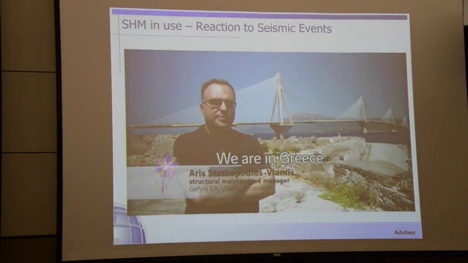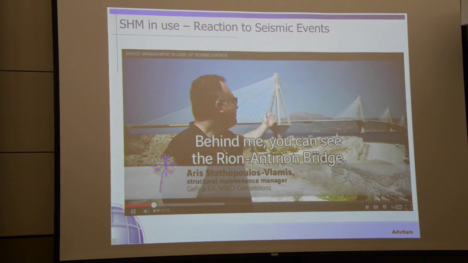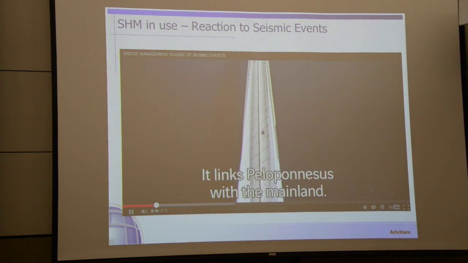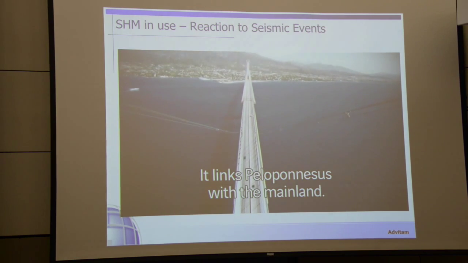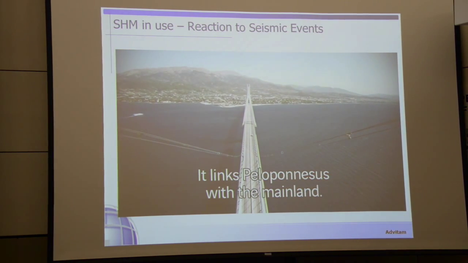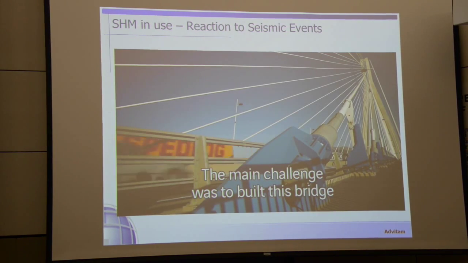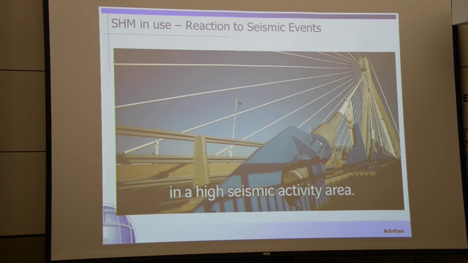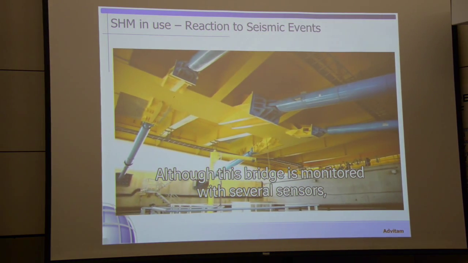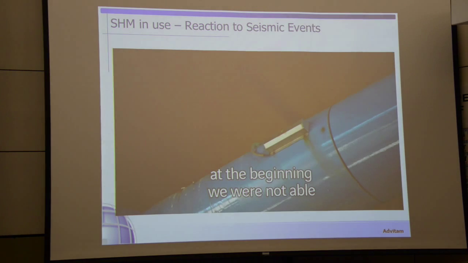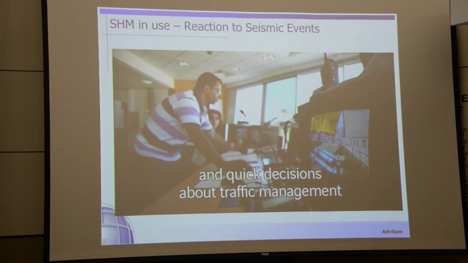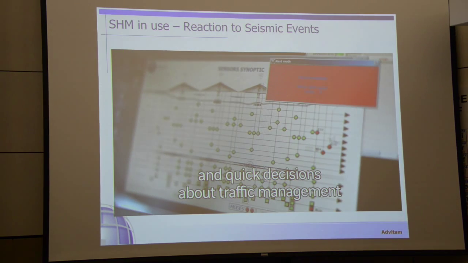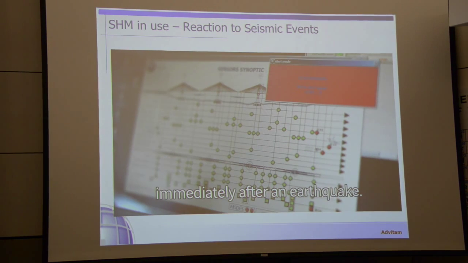We are in Greece. Behind me, you can see the Rion-Antirion Bridge. It links Peloponnesus with the mainland. The main challenge was to build this bridge in a high seismic activity area. Although this bridge is monitored with several sensors, at the beginning we were not able to have a real-time analysis and a quick decision about traffic management immediately after the earthquake.